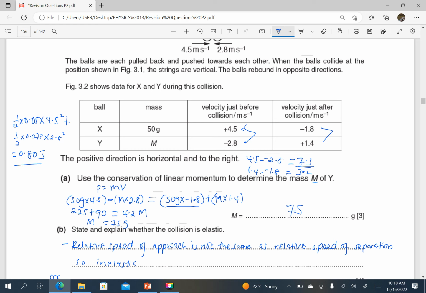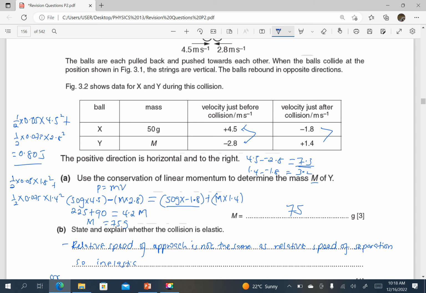Then after collision, it is a half times 0.05 times the speed 1.8 squared, plus a half times the mass 0.075 times the speed 1.4 squared.